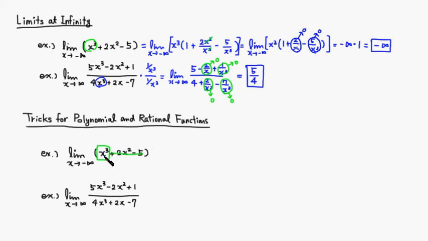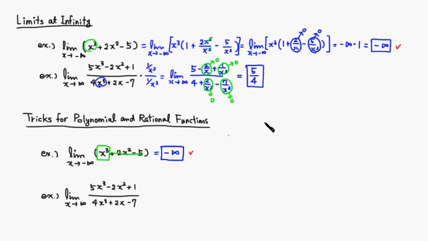A negative number cubed is still negative, and a big number cubed is still big. So you get negative infinity, exactly the same answer as the first method.